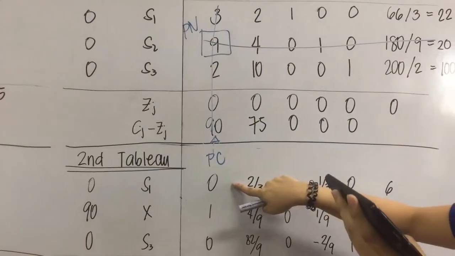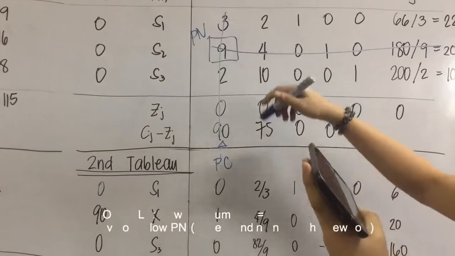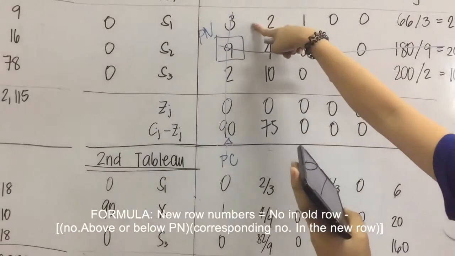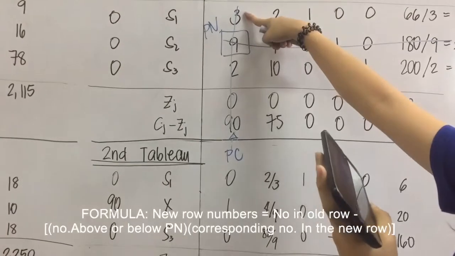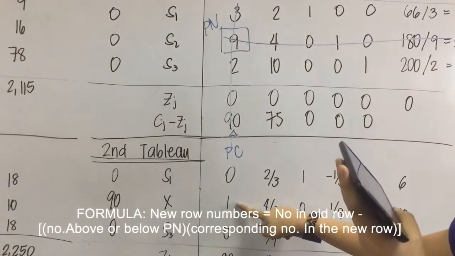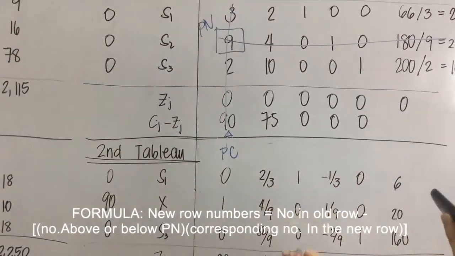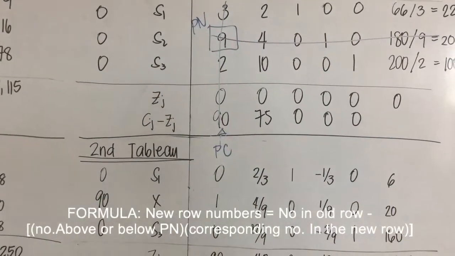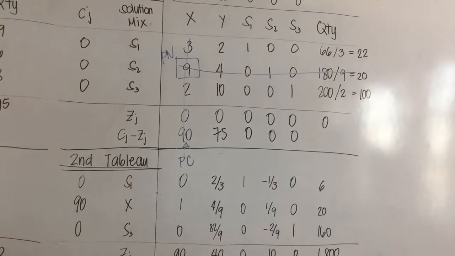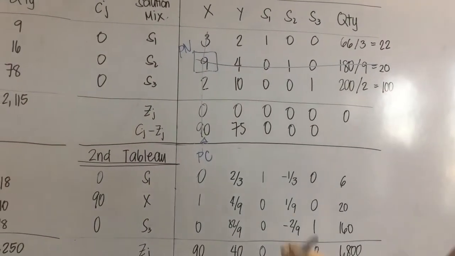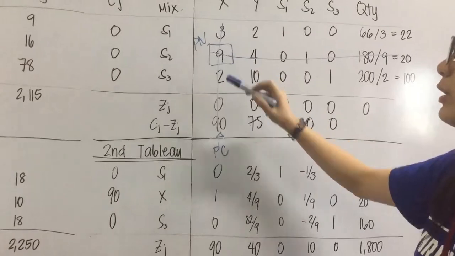We get this value by getting the number in the old row minus the number above the pivot number times the corresponding number in the new row. The rest follows. Getting the values in the S3 row, we have to take into consideration the number below the pivot number.